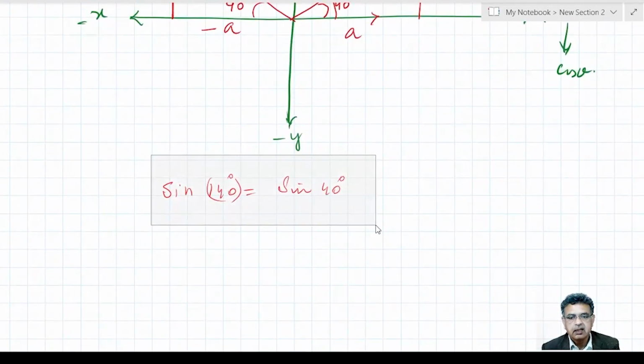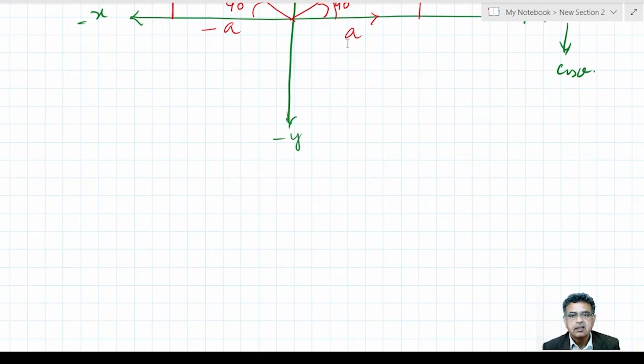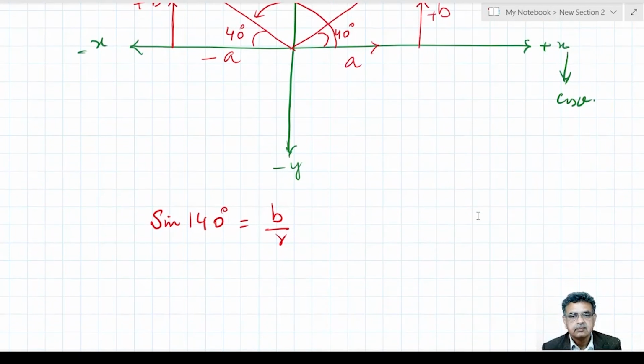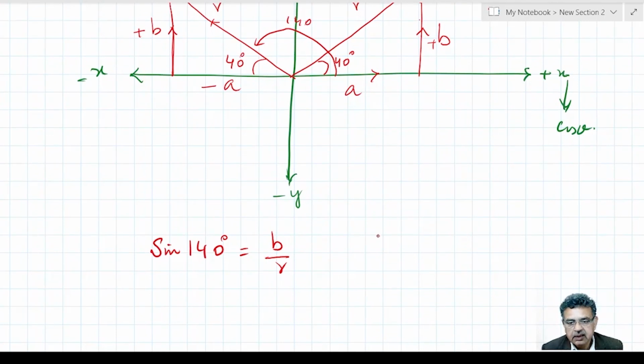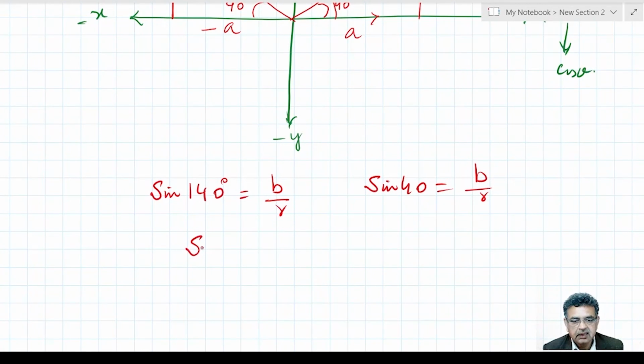So if the angle is 140 degrees, sine 140 degrees is equal to B over R. Here you can see this is B, same as this B. And when the angle is 40 degrees, it is the same B over R. So that is the reason we can say that sine 140 degrees is equal to sine 40 degrees.